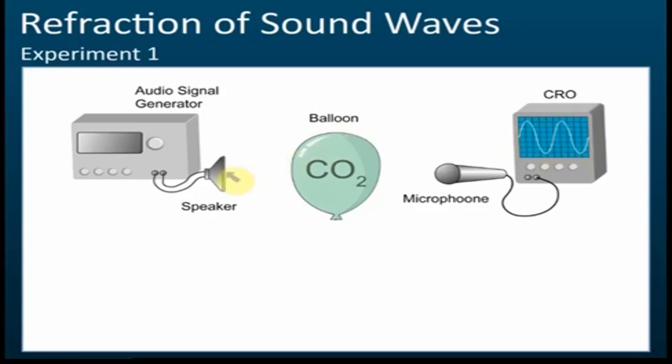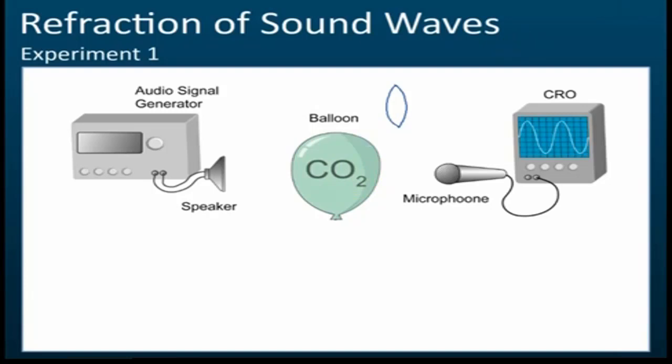And then in between the speakers and this microphone, we put the balloons. And take note that the shape of the balloons is like a convex lens. The first experiment, we fill the balloon with carbon dioxide gas.